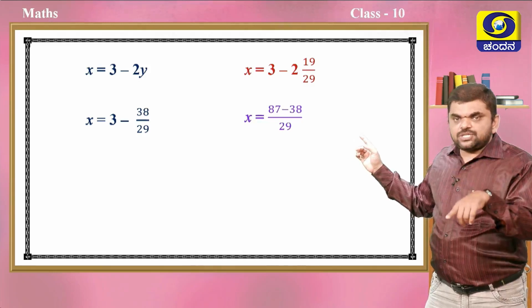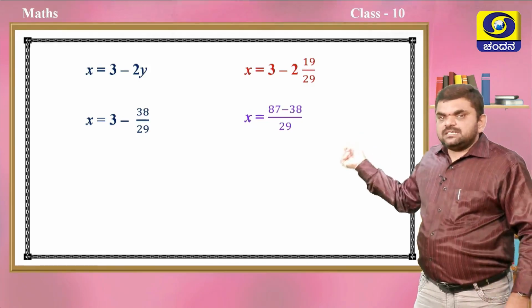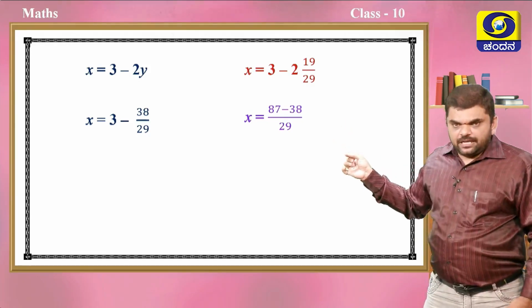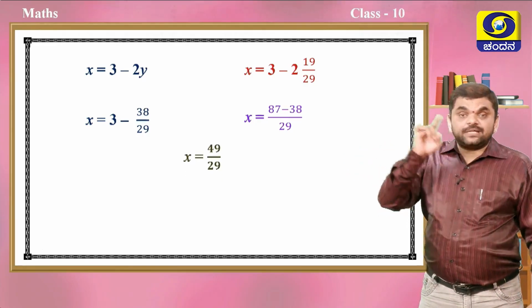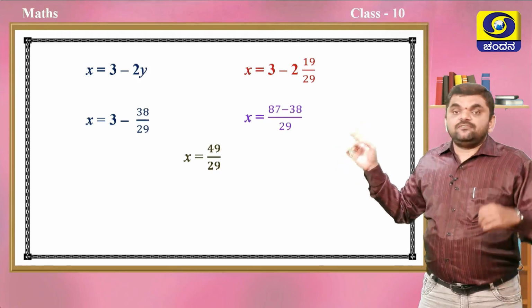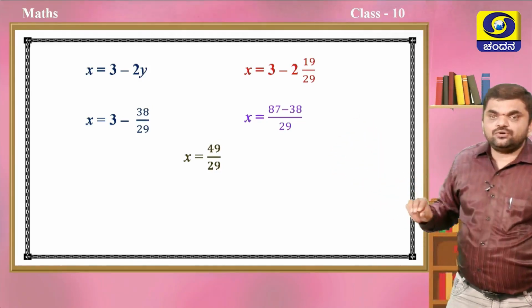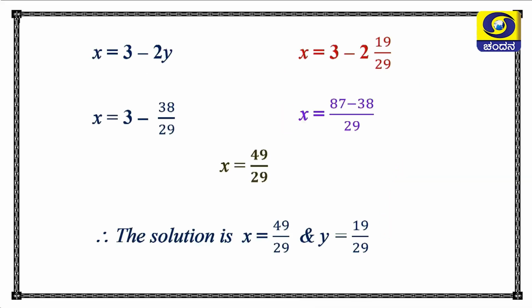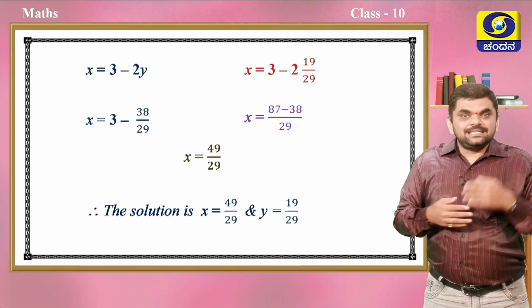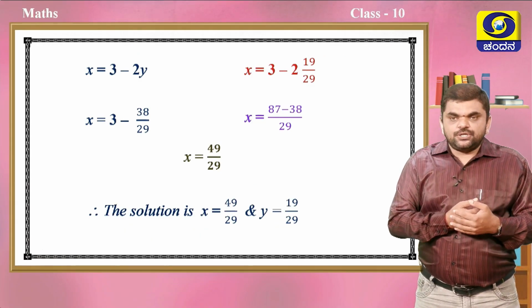On simplification we get (87 minus 38) divided by 29, here we took the LCM, that is 29, and we are simplifying. x is equal to 49 by 29. So the solution of these equations is x is equal to 49 by 29 and y is equal to 19 by 29. Children, this is called substitution method.